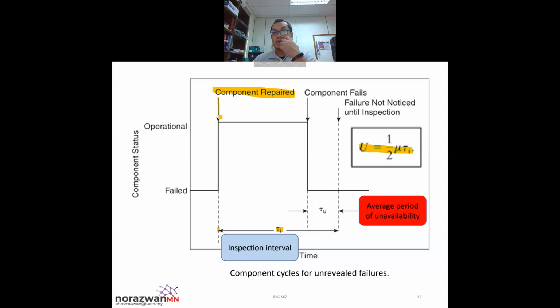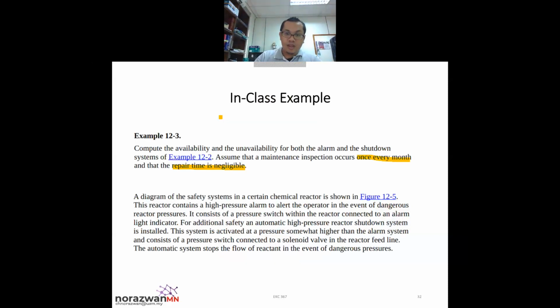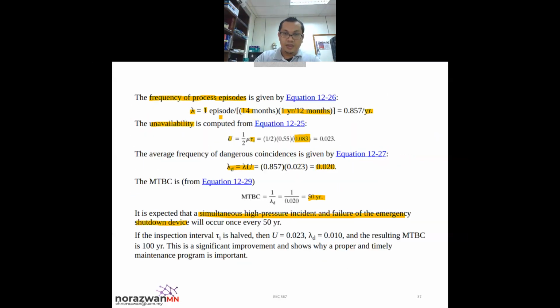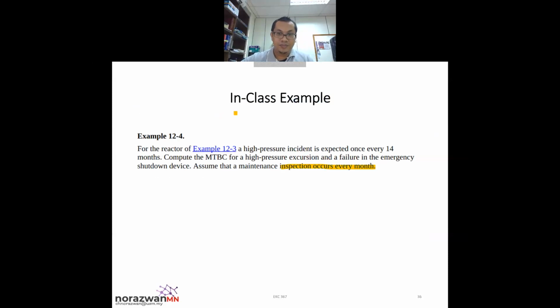1/12 is because the previous statement said that the component is inspected once per month. Assume the maintenance inspection is the tau I. Remember the word inspection. Maintenance inspection is tau I, and it occurs every month.